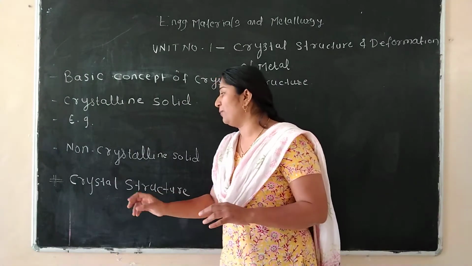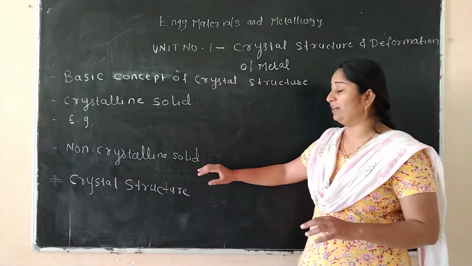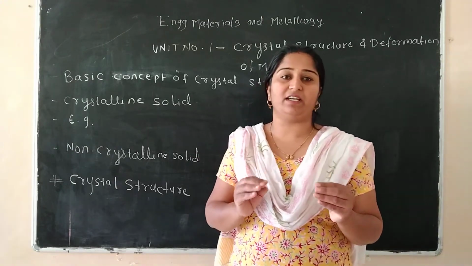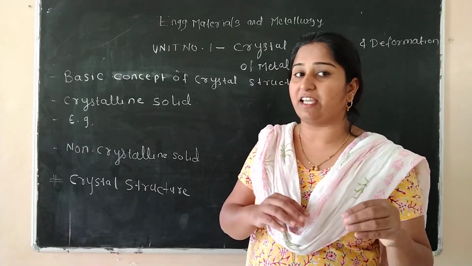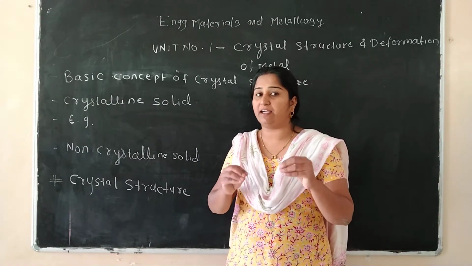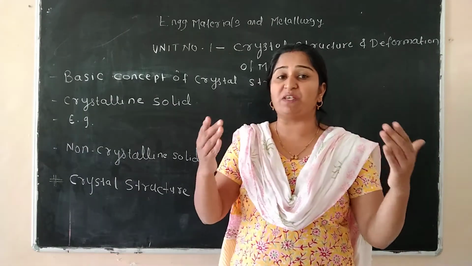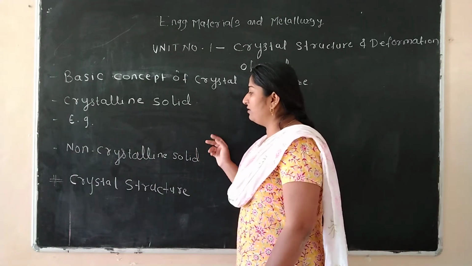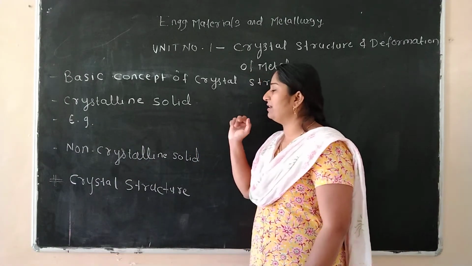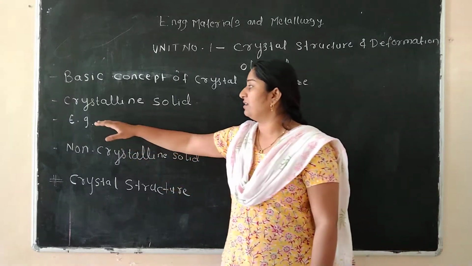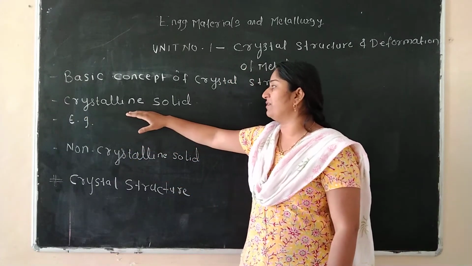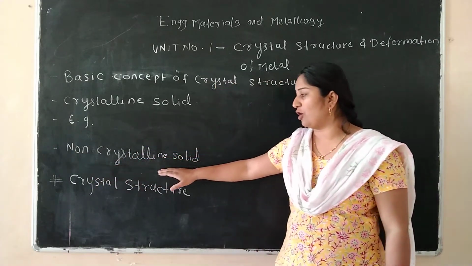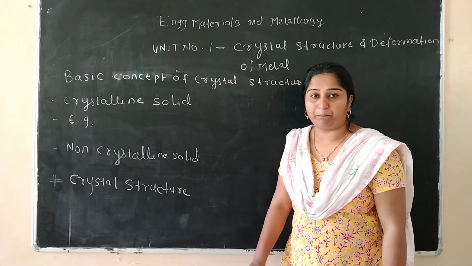These are called non-crystalline solids. It means if we take a sample of the material and observe it under X-ray, we cannot find the atoms arranged in a specific manner. So these are two different concepts: some metals or non-metals have a crystalline structure and some have a non-crystalline structure.